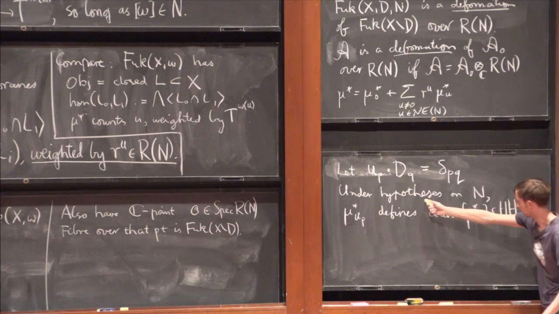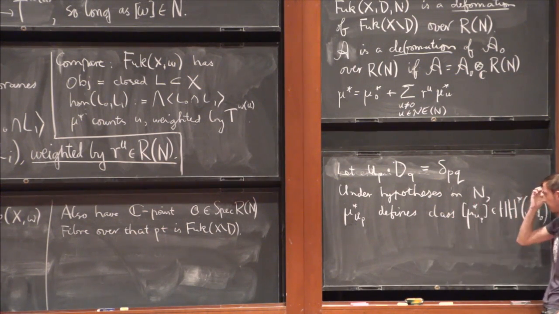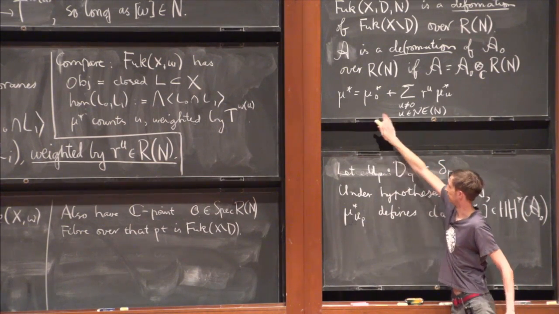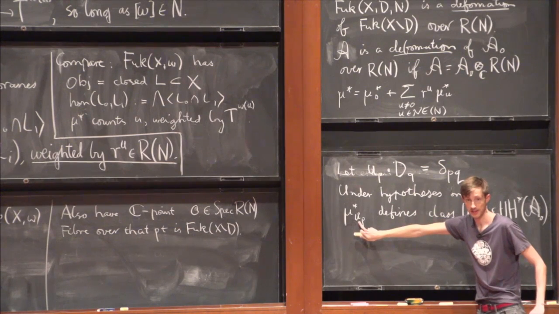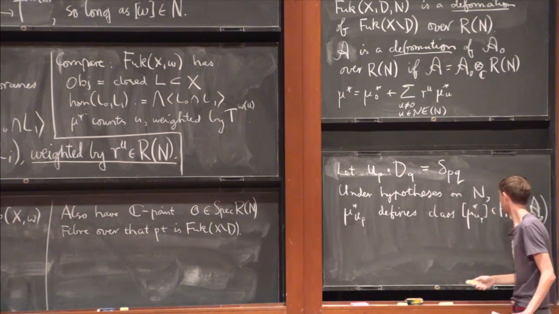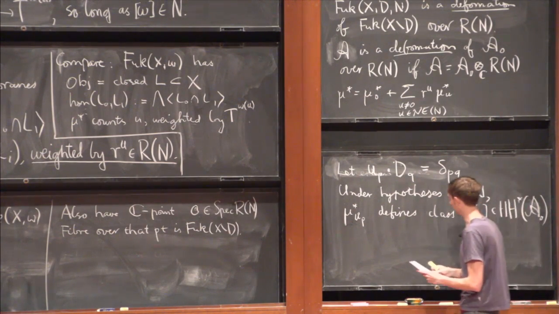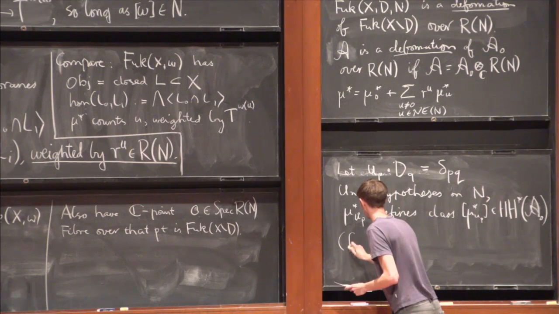You need to put some minor hypotheses on n, but when you do, the bits of the A infinity structure corresponding to these U_P define classes for you in the Hochschild cohomology of A naught. And these are called the first order deformation classes.